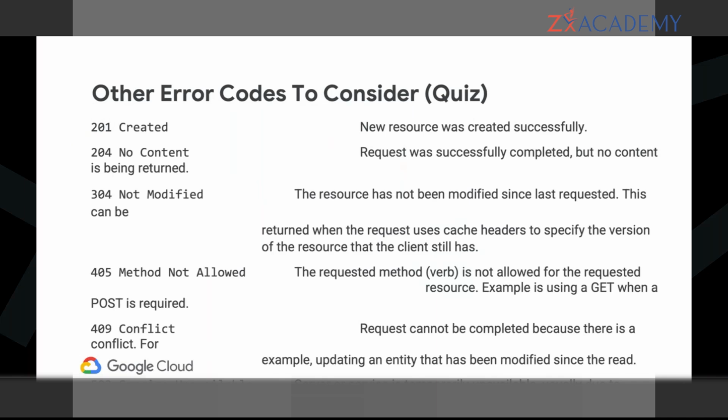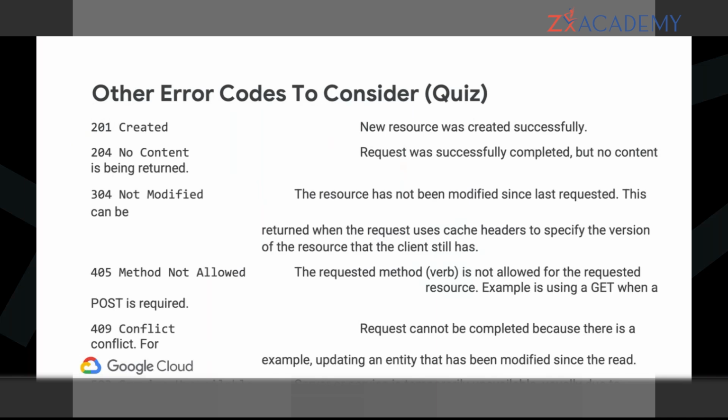Then 304 not modified. This is used when there is caching involved. What happens is the client has asked for some response, the server has given a response, then after some time the client will send another request, and it will have a header named If-Modified-Since, and it will give a timestamp, a time value.